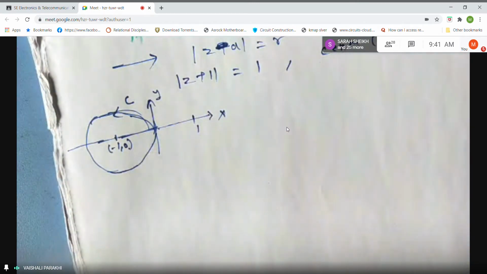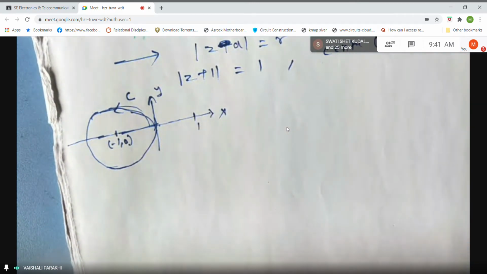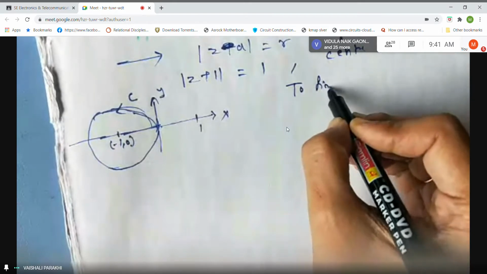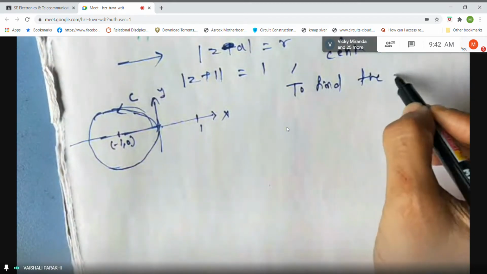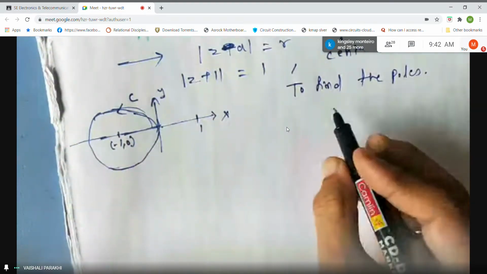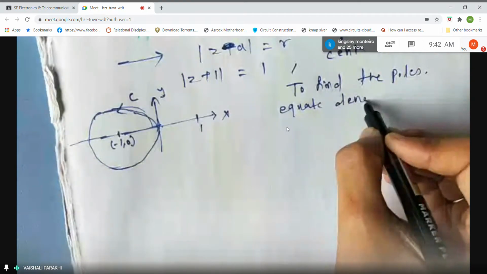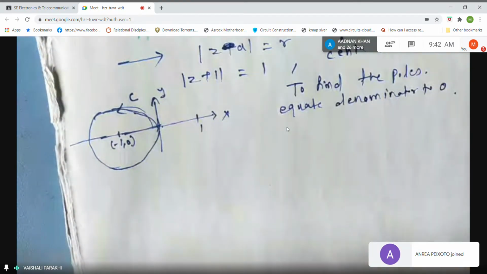So now see, students, once the circle is drawn, now you have to find out the poles, means the singularities, correct? How to find the singularity or the pole? To find the poles, what we do? Equate the denominator to 0.